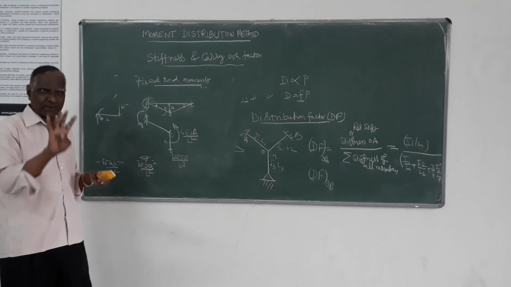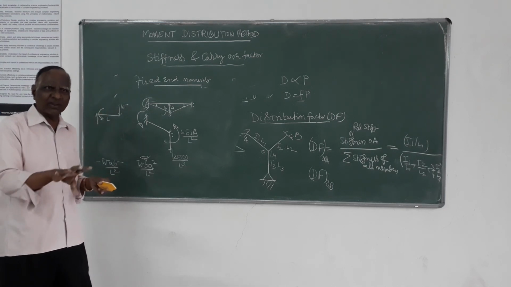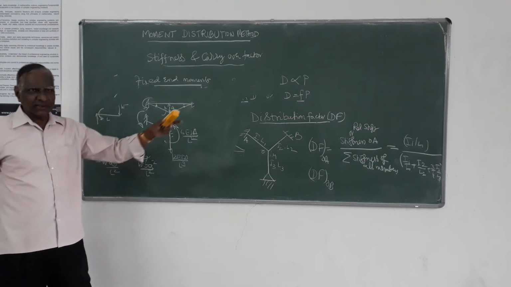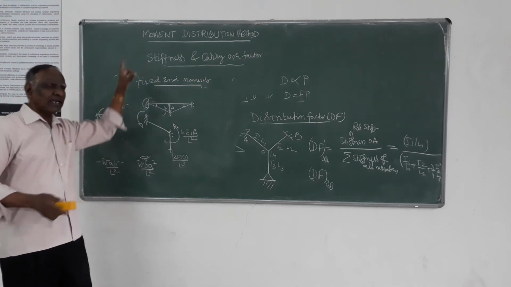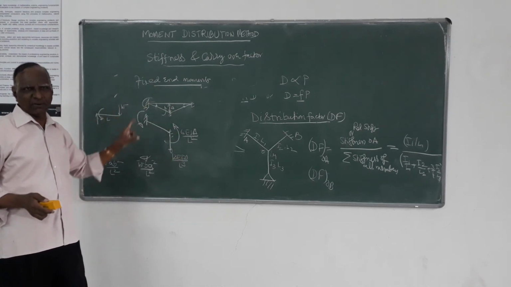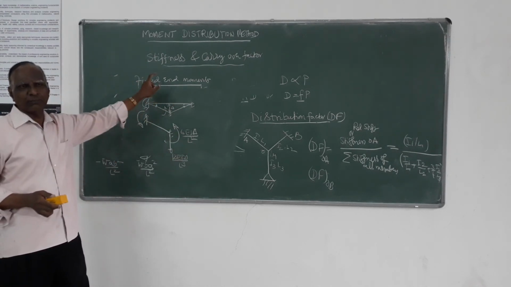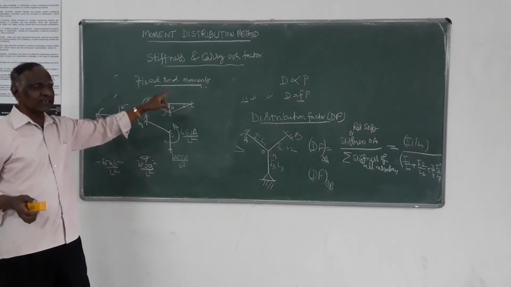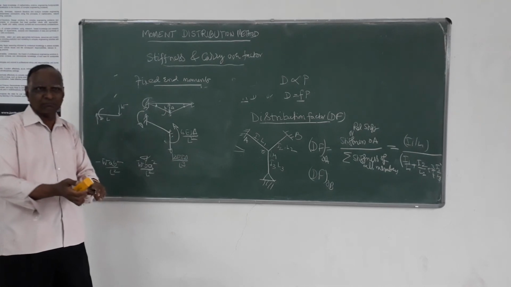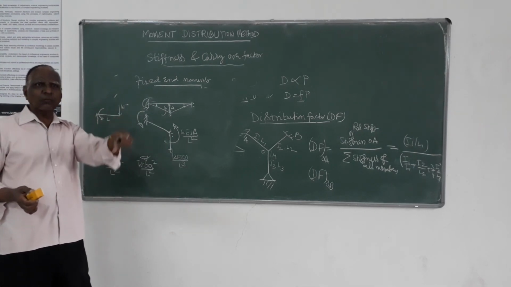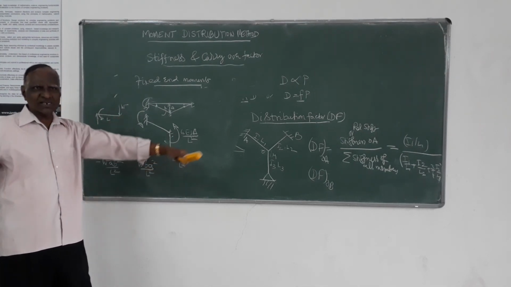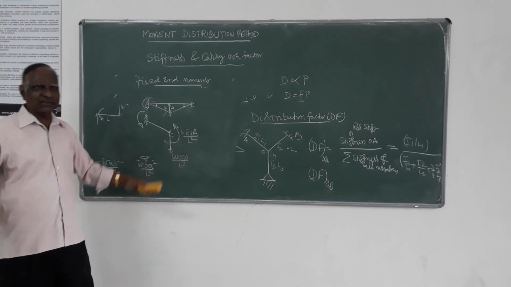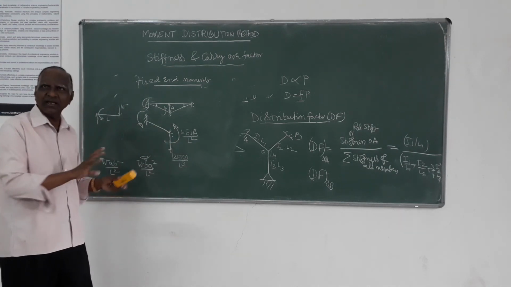Those four steps will be replaced by one moment distribution table. In that aspect, the moment distribution method is simple compared to the slope deflection method. There, if you consume 4 pages, here it will be just 2 pages, exactly half the workload.